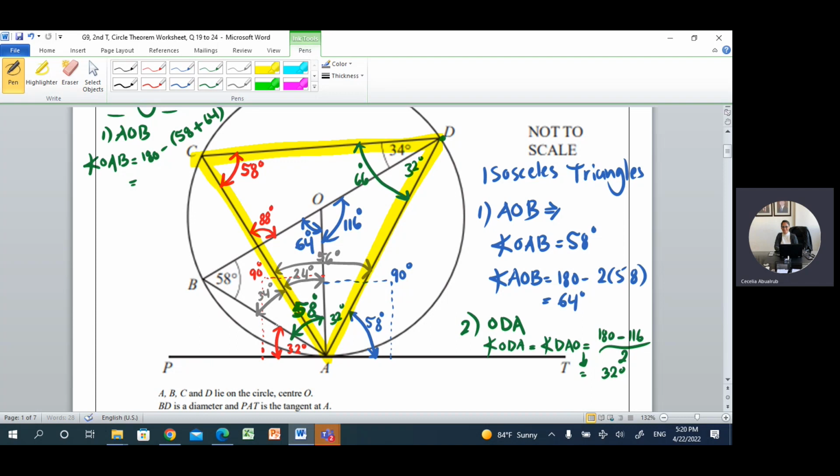So 32, then 34, then 24, and this one is 32, 58. All this is 180. From here to here, it's 56. And this is 116, this is 32. All this is 66, 34, 32, all this is 66, 58, and yeah. I think that's about it. Let me erase this.